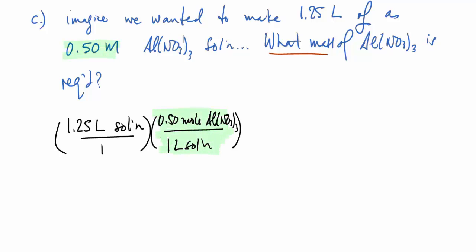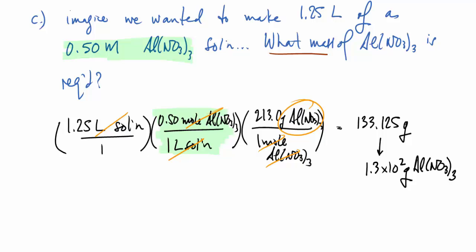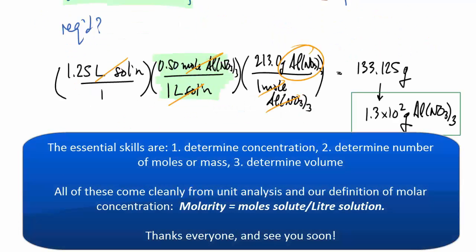This is the same information in green here and above. And then we'll just make sure we get the molar mass of aluminum nitrate here in the next step to figure out the mass. So here we have the molar mass. 1 mole of this stuff we said was 213.0 grams. If you mind all the units, you will see they all work out nicely and you wind up with these 133 or 130 to 2 sig figs grams of aluminum nitrate that are required to make that solution.